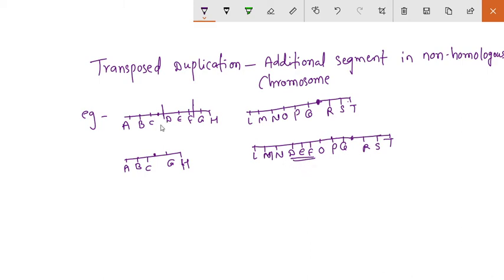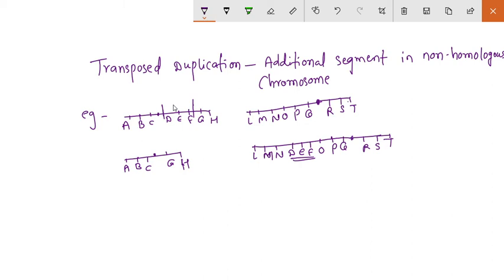These two are not similar to each other, so they are not homologous, they are non-homologous chromosomes. The part of one non-homologous chromosome is added to another non-homologous chromosome. So this additional segment in a non-homologous chromosome is known as the transposed duplication.